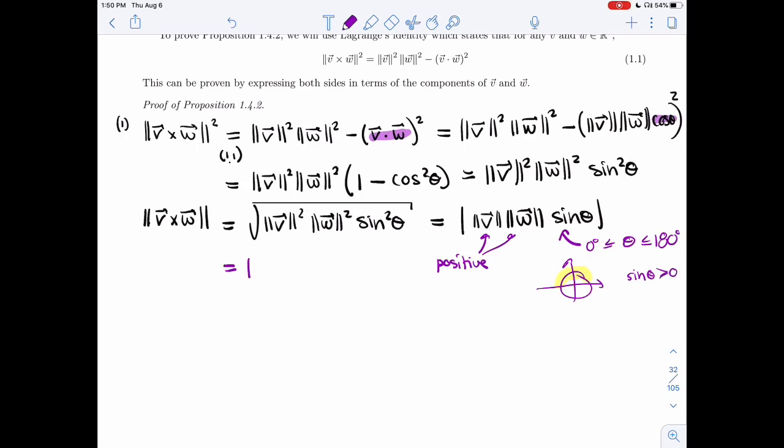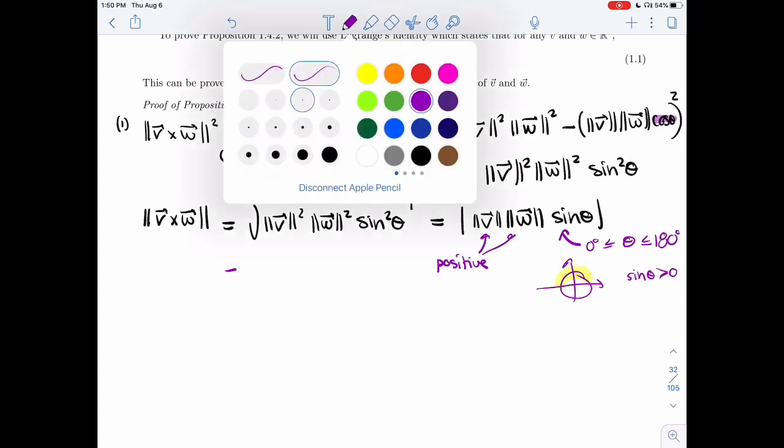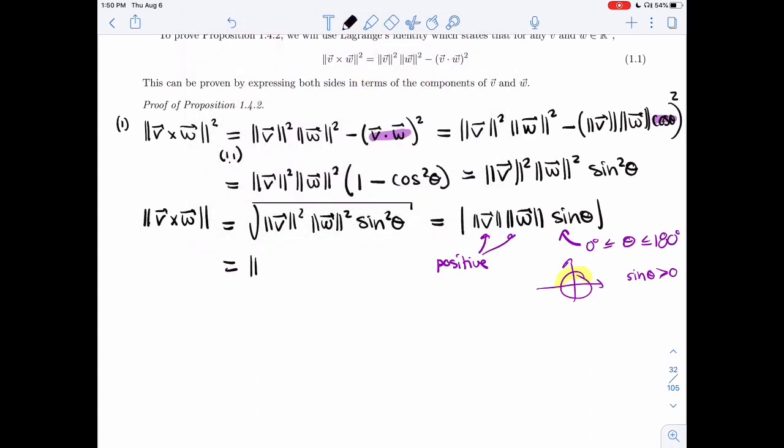And so in this case, we can get rid of the absolute value, and we get length of v, length of w, sine theta.